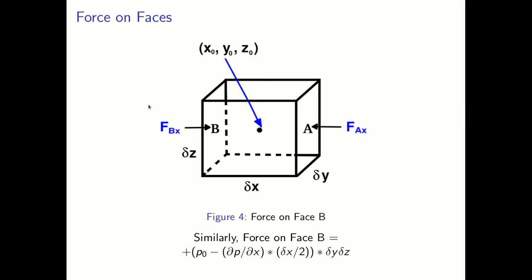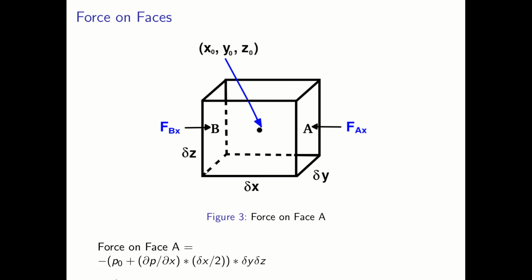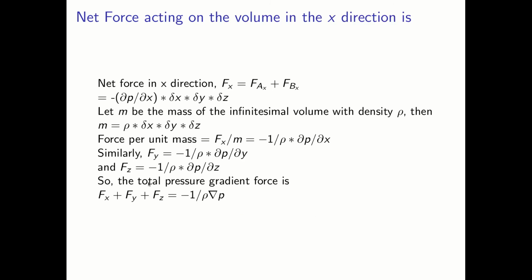So if you look at the expression for the force for B and the expression for force at A, and you take the sum of these two, you are left with minus del P by del x into delta x into delta y into delta z. Okay. Now this is the force on the entire cube.